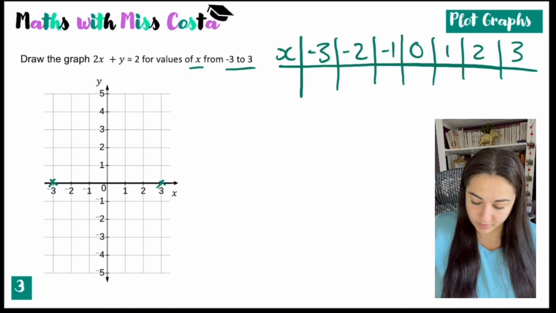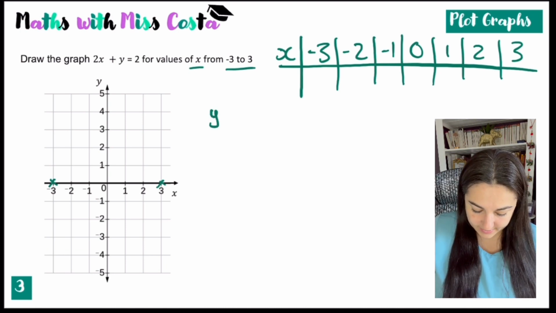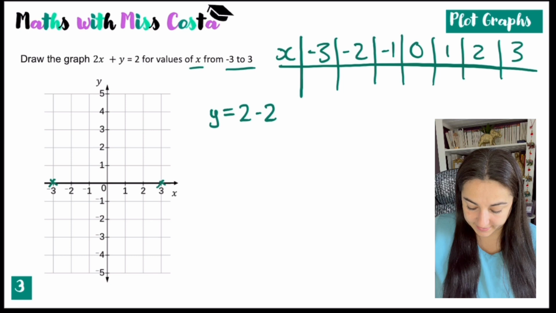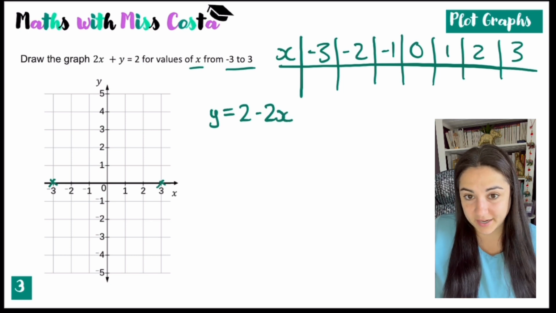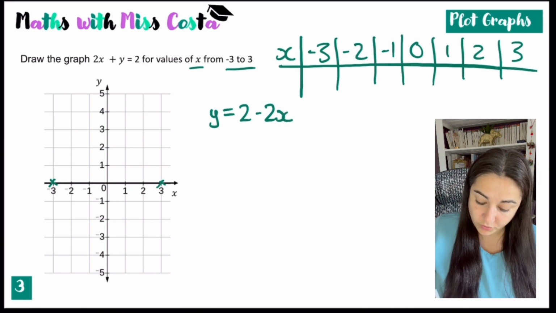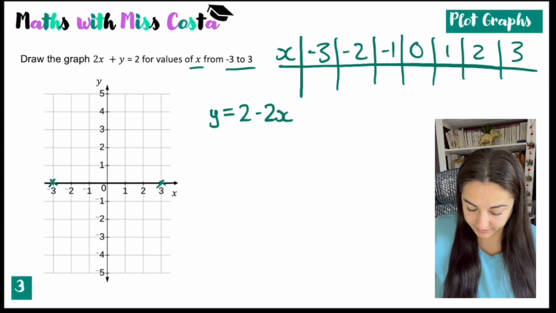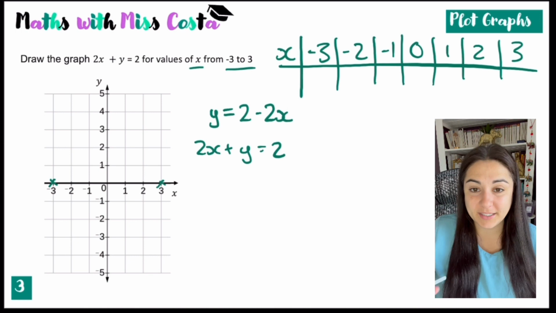Now we know the equation is y equals 2 take 2x. Now what I've done is rearranged that equation. If you're not confident with rearranging, you can just use 2x plus y equals 2. But all it means is that you're substituting each x value into the equation to figure out its y coordinate.